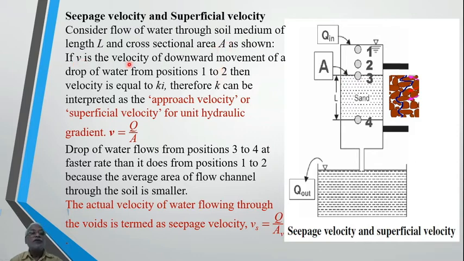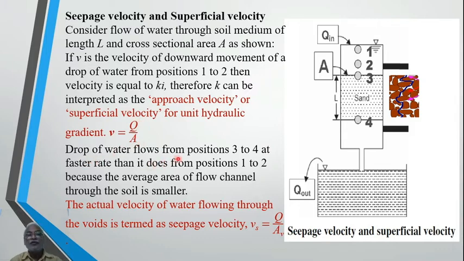If V is the velocity of downward movement of a drop of water from position 1 to 2, then velocity is equal to Ki. Therefore K can be interpreted as the approach velocity or superficial velocity for a unit hydraulic gradient. V is equal to Q by A.